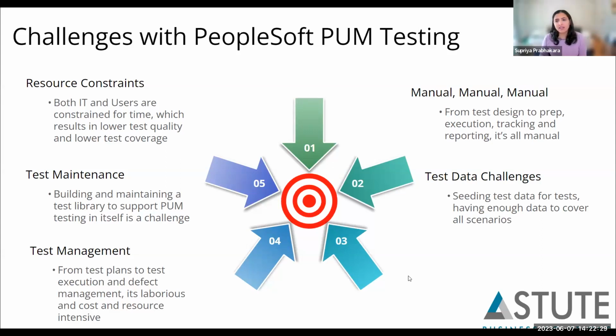And the third being, if you're doing manual testing, from the test design to preparing the execution and executing it and tracking it, whether it has been successfully tested, are there any issues, and defect tracking and managing those defects and reporting, all of this is done manually.